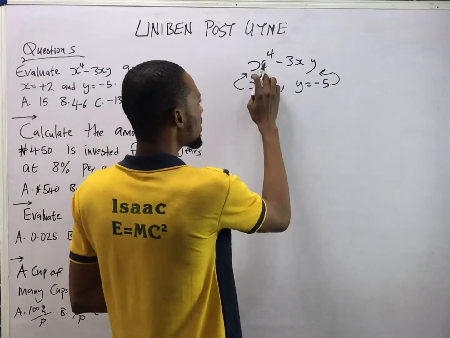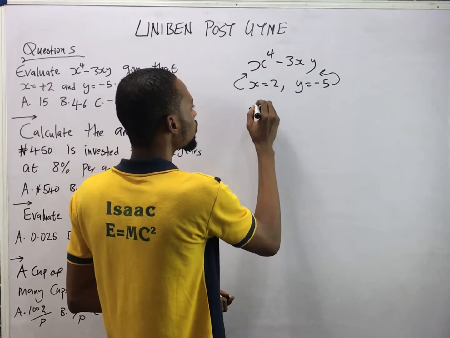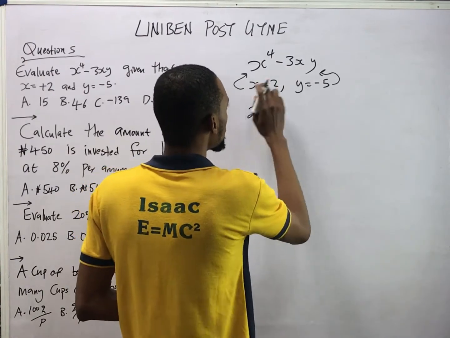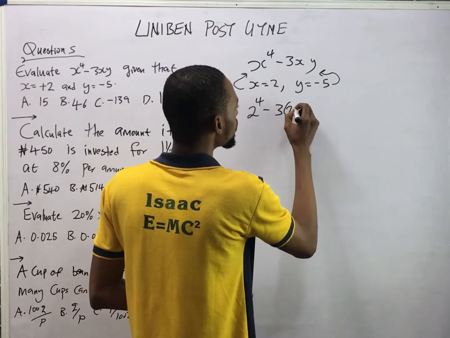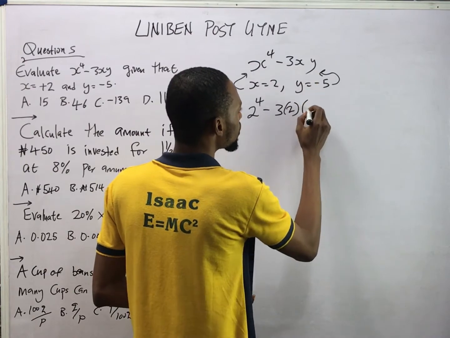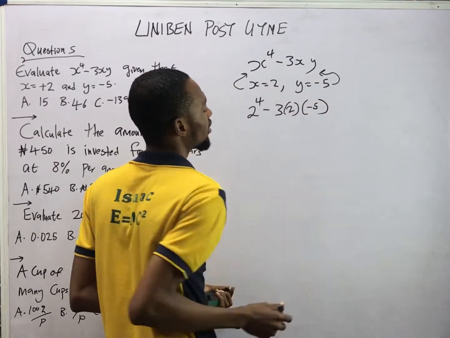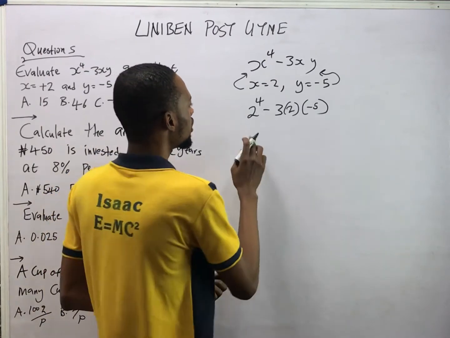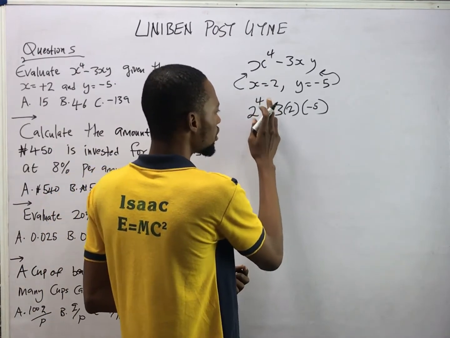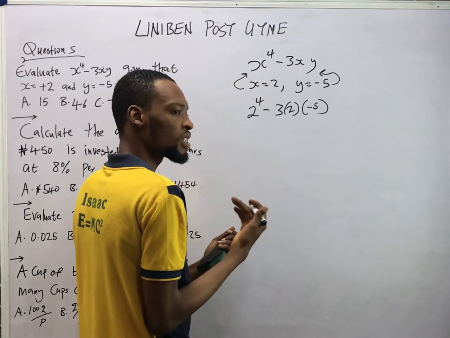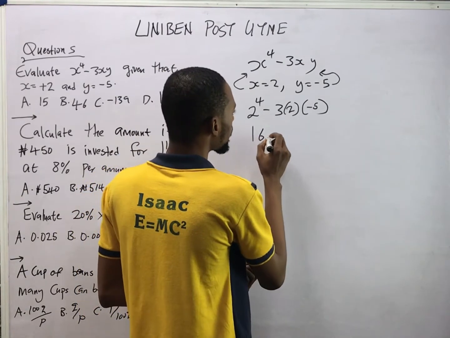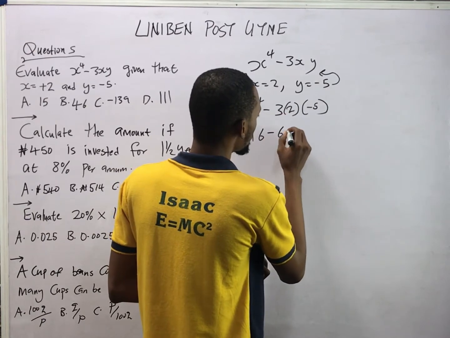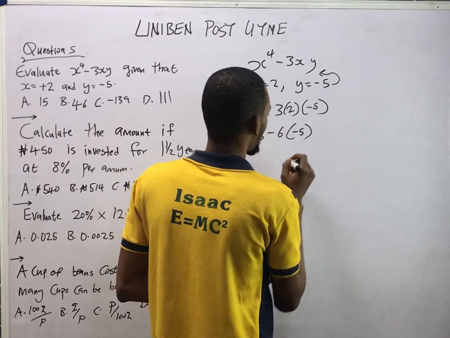Doing that, s raised to the power of 4 becomes 2 raised to the power of 4 minus 3 times 2, and y becomes minus 5. So let's solve. 2 raised to the power of 4 is 2 times 2 times 2 times 2, which gives you 16, minus 3 times 2 is 6, times minus 5.